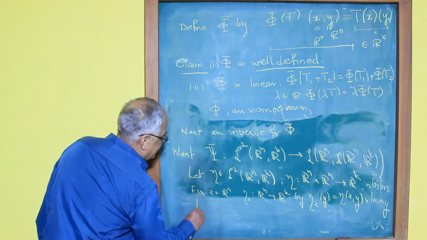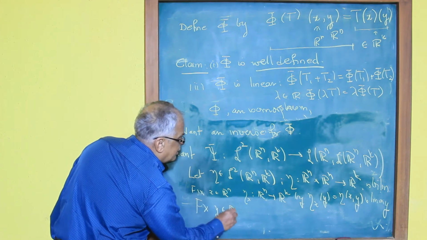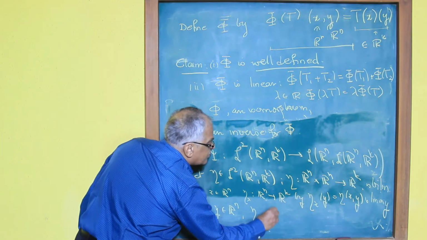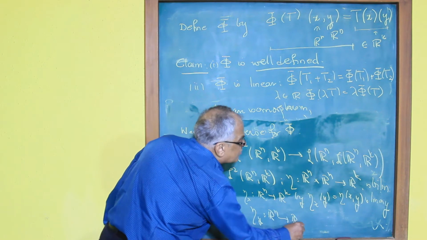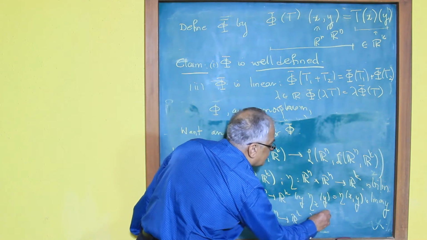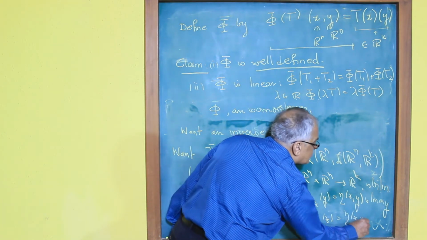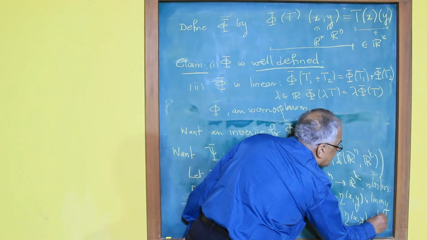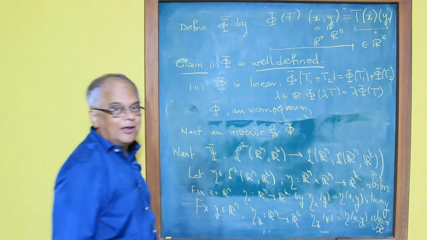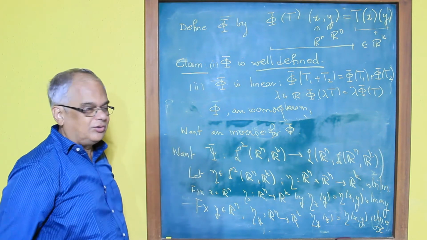And fix y in Rn, eta sub y is linear in x. Now this also is an idea that you have to get used to when you restrict your domains.